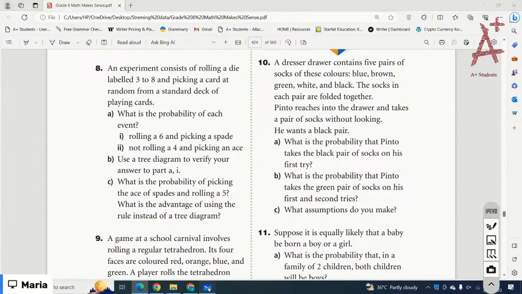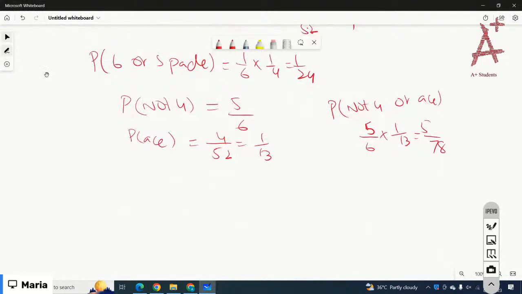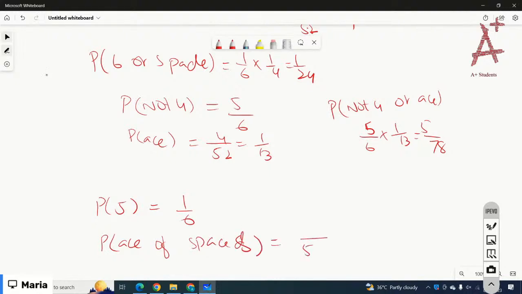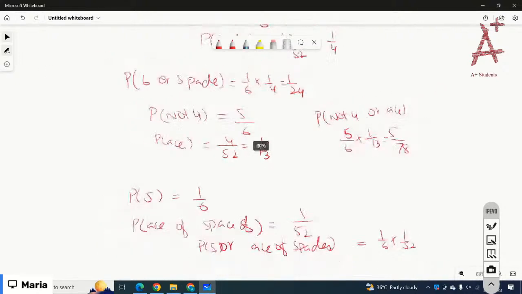The probability of 5 is 1 over 6, and the probability of ace of spades is just 1, you have one ace of spades, so the probability of 5 and ace of spades is 1 over 6 times 1 over 52. That would be, 6 times 52 is 312. It would be 1 over 312, right?